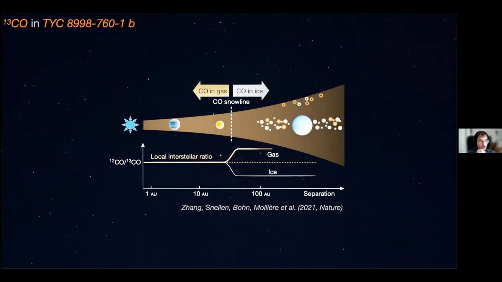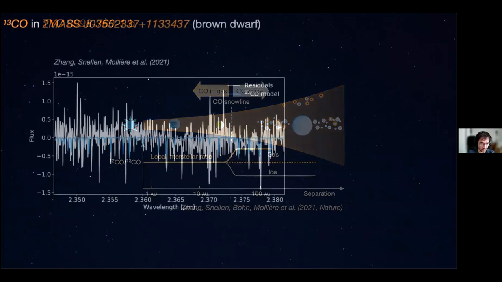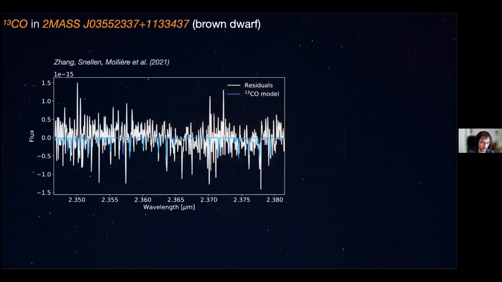So to also confirm that we can actually do this well and also get out more expected isotope ratios: this was the first isotopologue detection in an exoplanet ever, but we also, in a follow-up paper that Yapeng put out, have the first 13CO detection in a brown dwarf so far, using a similar technique.